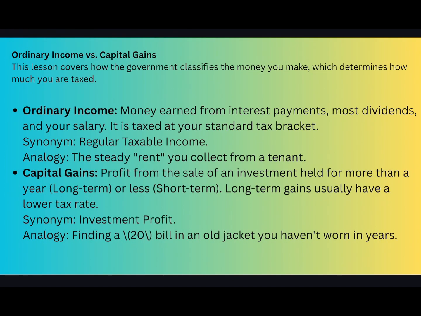When it comes to types of income, you have ordinary income versus capital gains. Ordinary income consists of several different types of income that are combined: earned income, investment income, and passive income.